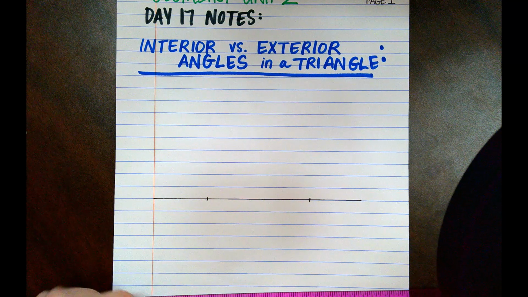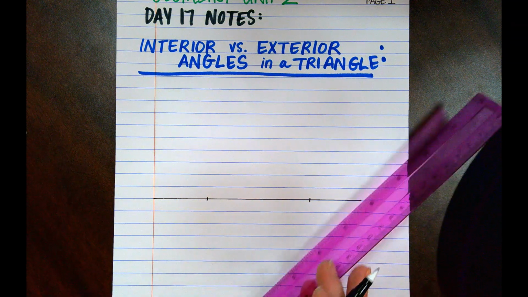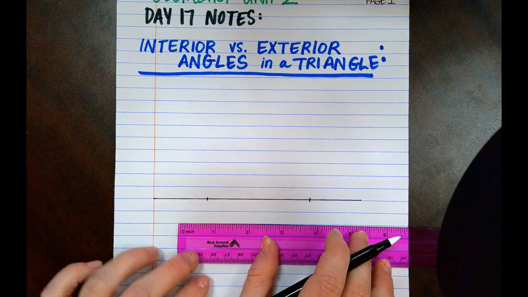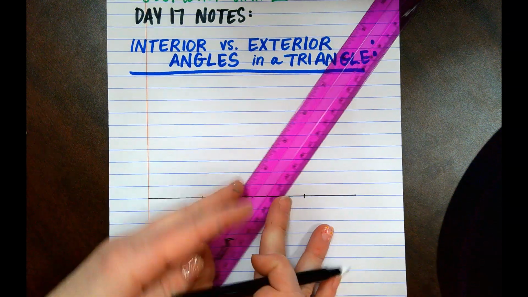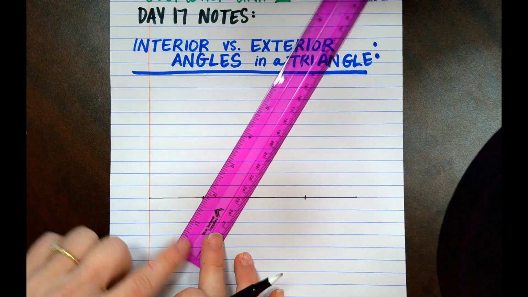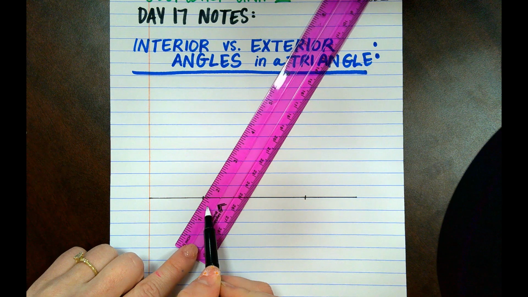Now, our little tick marks. I am going to move my ruler and I'm going to make my tick mark touch about 1.5-ish on my ruler.